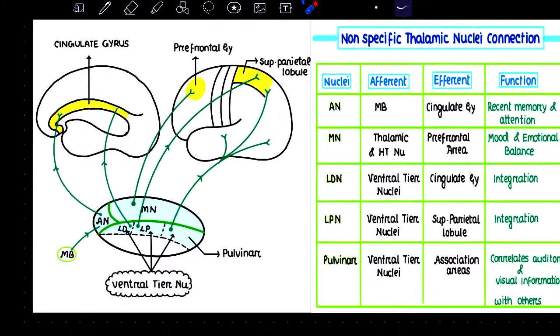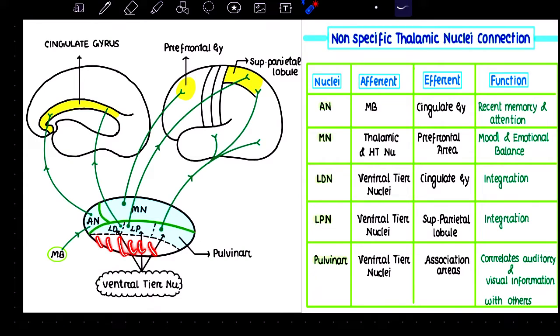So we know that except for these, all the others, the anterior nucleus, medial nucleus, lateral dorsal, lateral posterior nucleus, everything falls under non-specific nuclei. Now what are their afferent and efferent connections? Let's begin with our anterior nucleus.